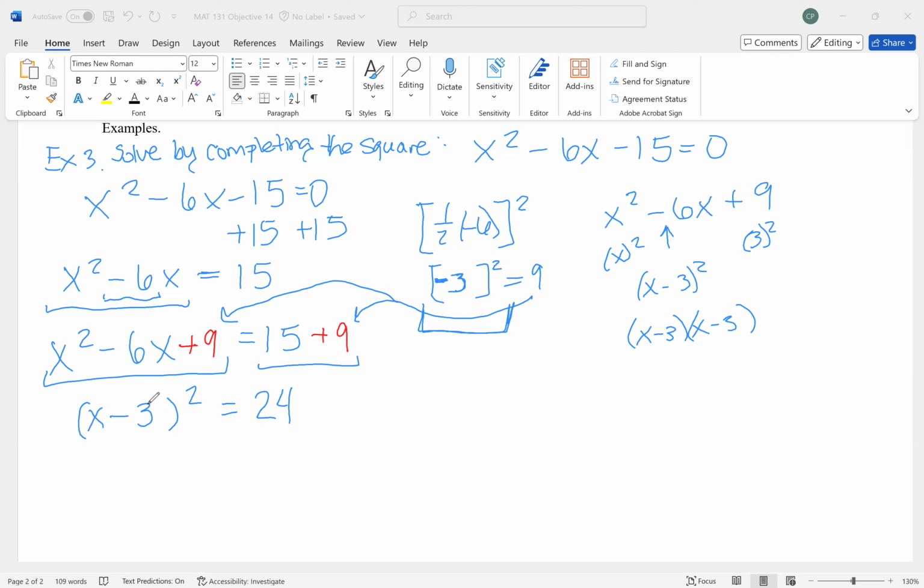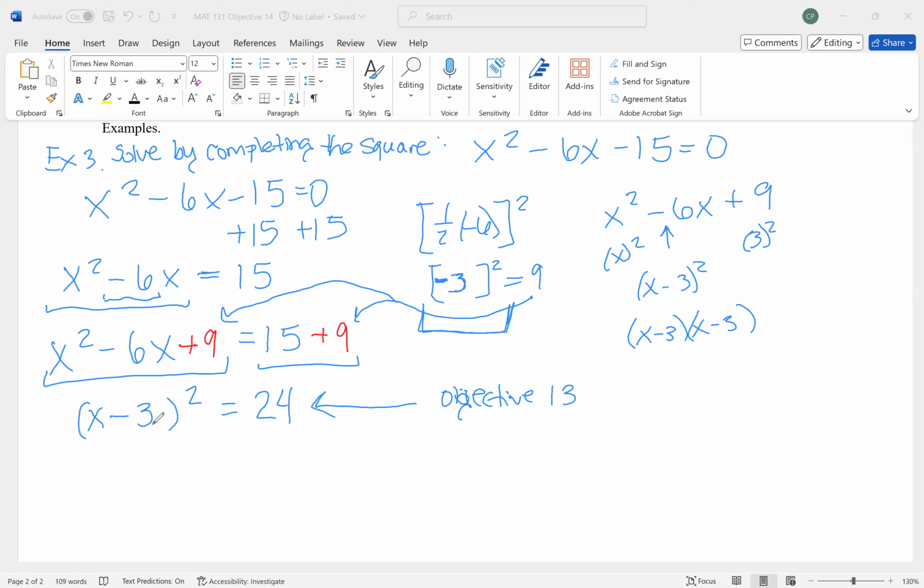When we get to this step here, this line, we're going to continue by doing what we learned in objective 13, okay?